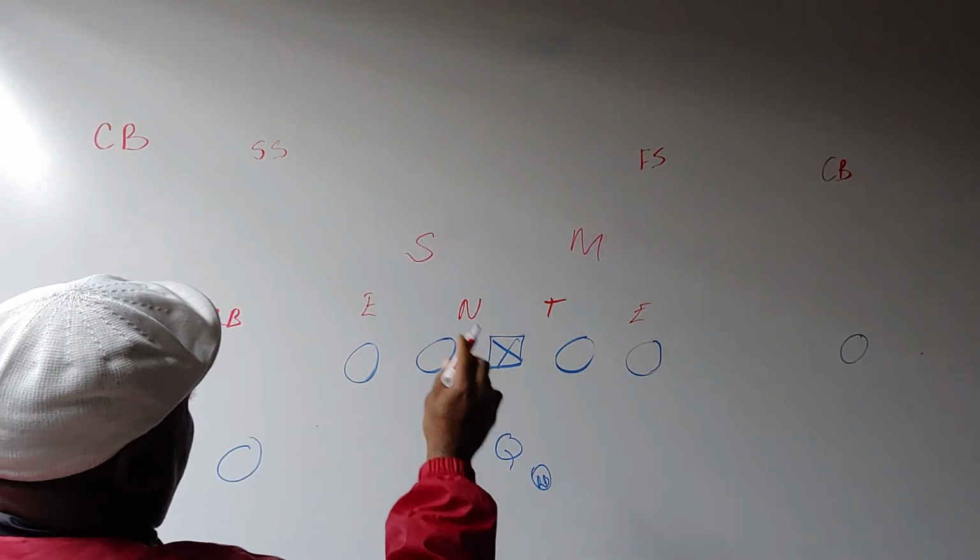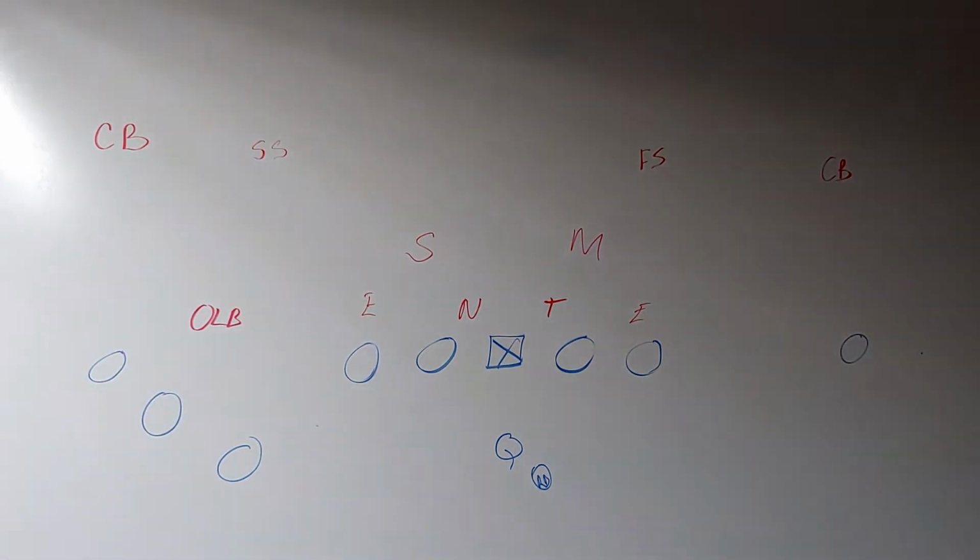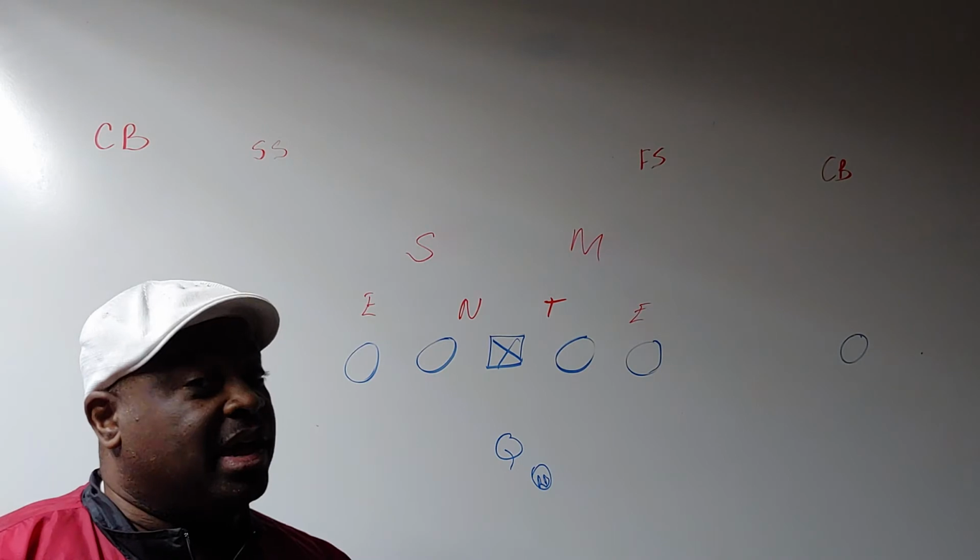One, 2, 3, 4, 5, 6, 7, 8, 9, 10, 11. All right. This is the quarters concept. So that's the difference between cover 4 and quarters.